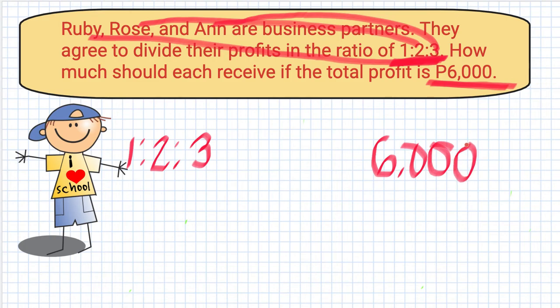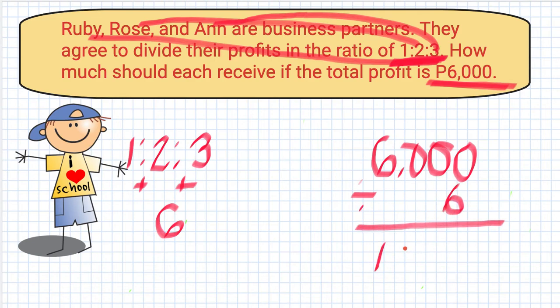Since we are talking about partitive proportion, you need to add the numbers in the ratio. 1 plus 2 plus 3 gives you 6. Whatever the sum, divide the total profit by it. So 6,000 divided by 6 gives you 1,000.